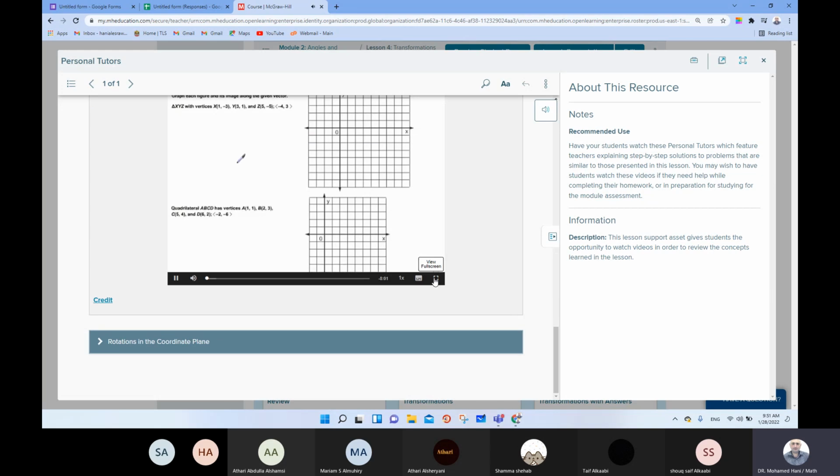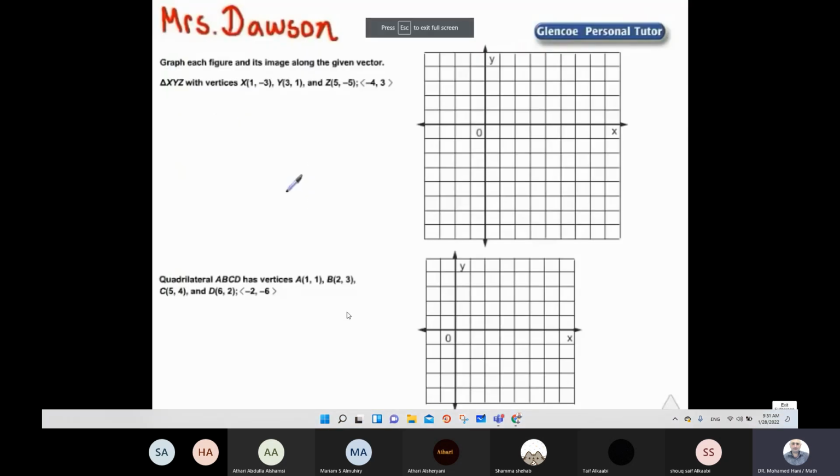This is Mrs. Dawson. Translations in the coordinate plane. Graph each figure and its image along the given vector. Triangle XYZ with vertices X(1, -3), Y(3, 1), and Z(5, -5), with vector (-4, 3).